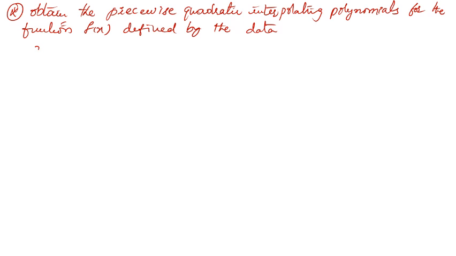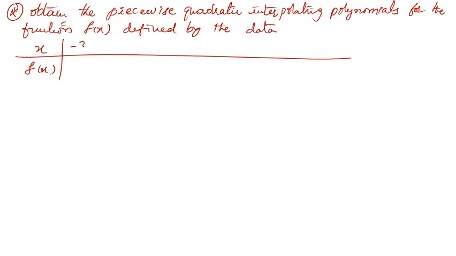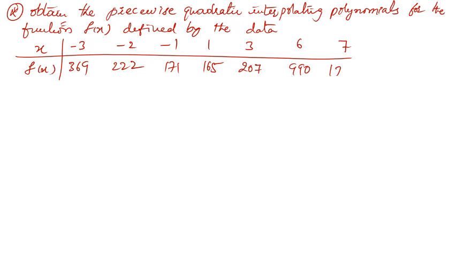The data is given as x versus f of x: x values minus 3, minus 2, minus 1, 1, 3, 6, 7, and the function values 369, 222, 171, 165, 207, 990, and 1779.